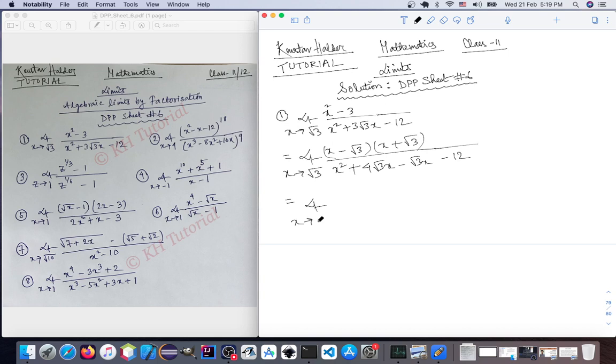Then the limit becomes (x plus root 3) by (x plus 4 root 3), times (x minus root 3) over (x minus root 3).